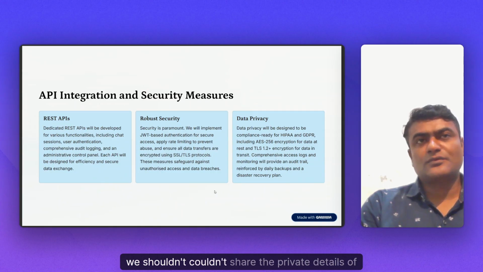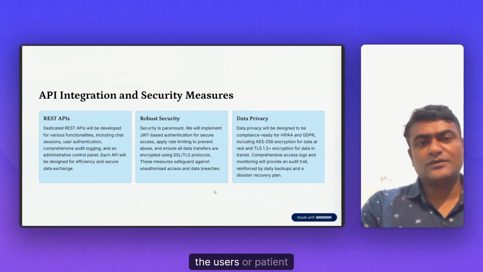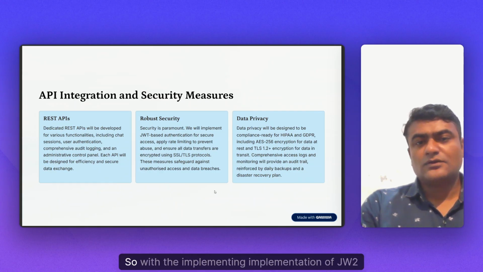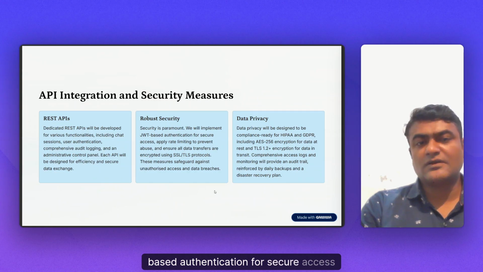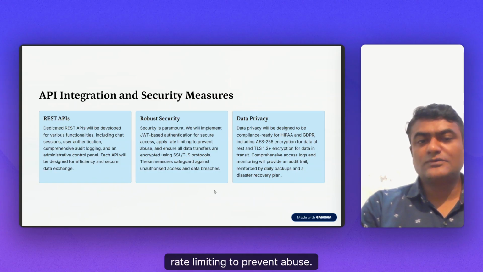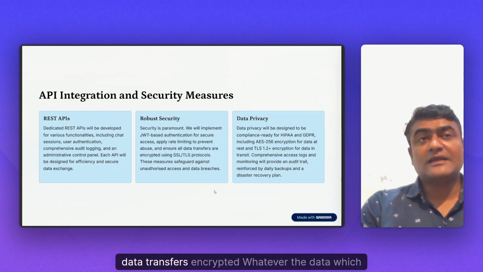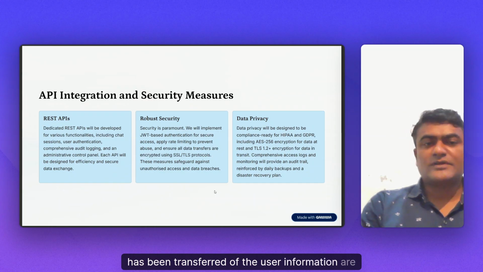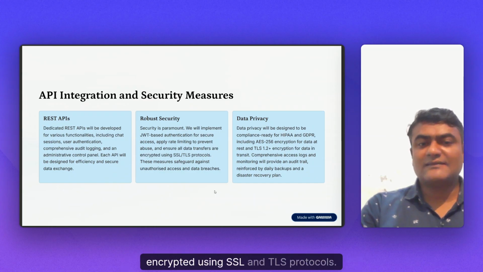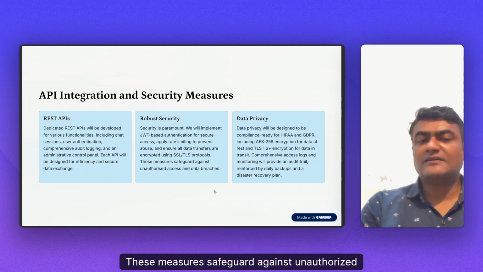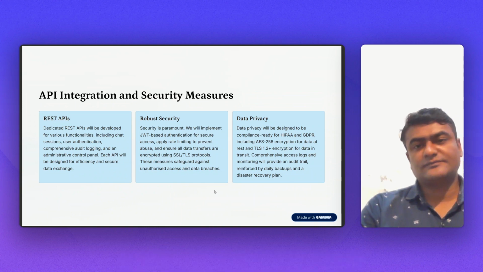We couldn't share the private details of the users or patients with any open source. So we implement JWT based authentication for secure access, apply rate limiting to prevent abuse, and ensure data transfers are encrypted. Whatever user information is transferred is encrypted using SSL and TLS protocols. These measures safeguard against unauthorized access and data breaches.